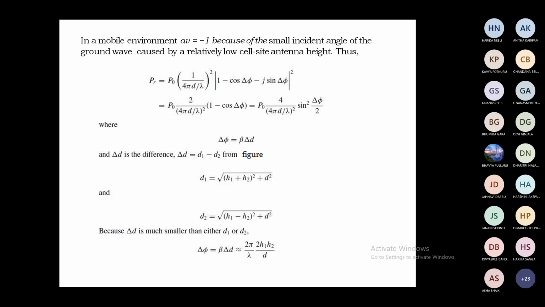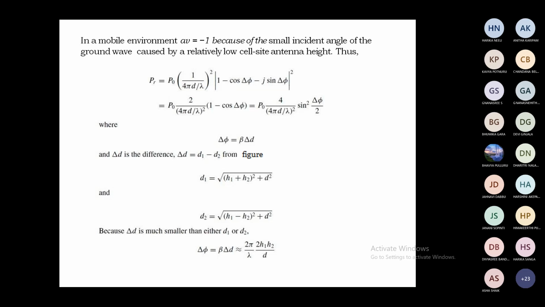Since the angle is small, automatically we neglect this complex conjugate part. Substituting, 1 minus cos del phi minus j sin del phi is of the form a plus b whole square. From the substitution, finally we get 1 minus cos del phi, which is equal to P naught into (4 by 4 pi d by lambda) square sin square del phi by 2.